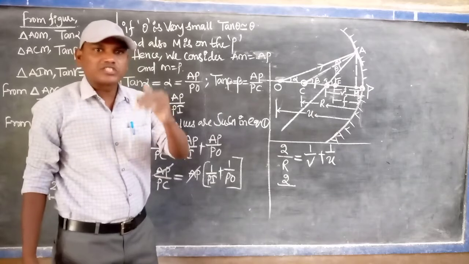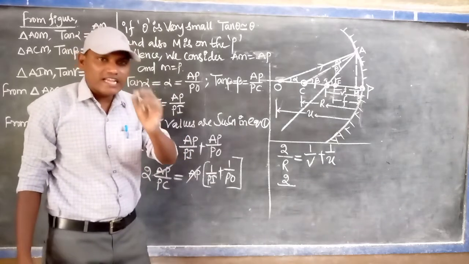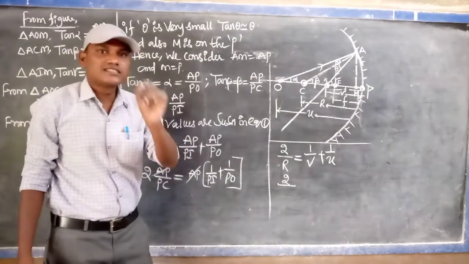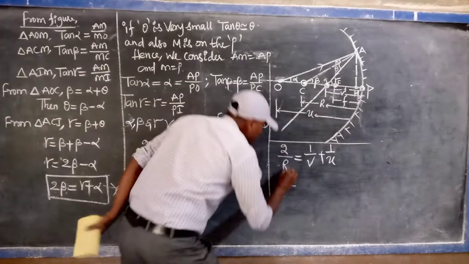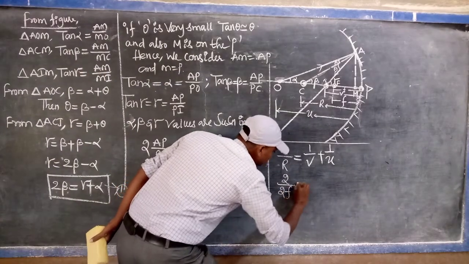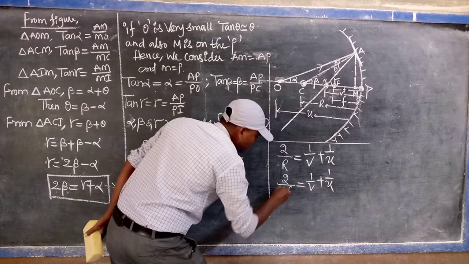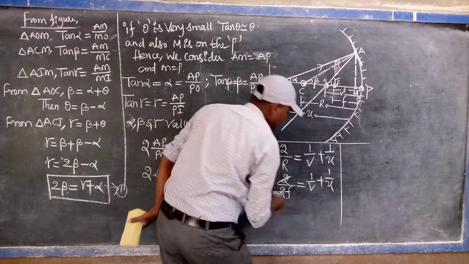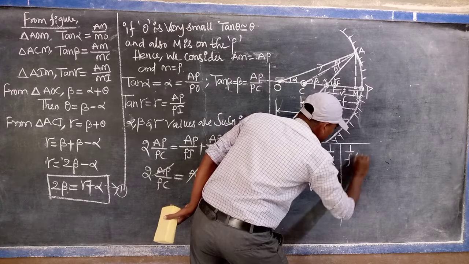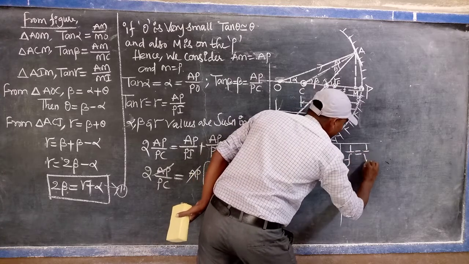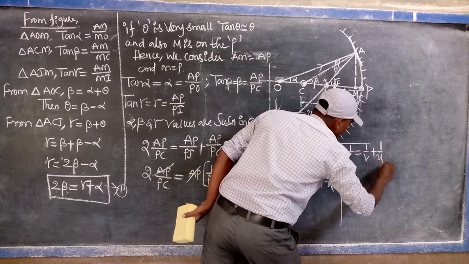In our previous video, I clearly explained and proved that R is equal to 2F. In the place of R, we can write 2F. That is equal to 1 by V plus 1 by U. 2 gets cancelled. What is remaining? 1 upon F is equal to 1 upon V plus 1 upon U.